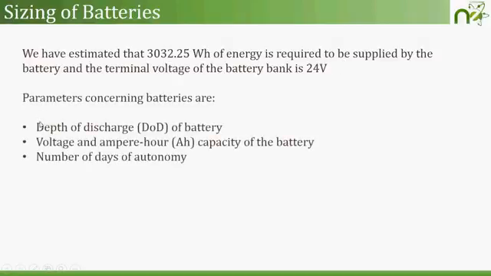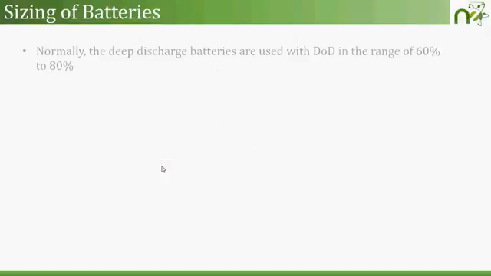Now the parameters to be considered for the battery are the depth of discharge, that is the usable capacity of the battery, then voltage and ampere hour, as batteries are normally rated in ampere hours. Then the number of days of autonomy, like if you are charging a battery for 1 day, how many days you want to consume the energy from that battery. That is one of the important parameters.